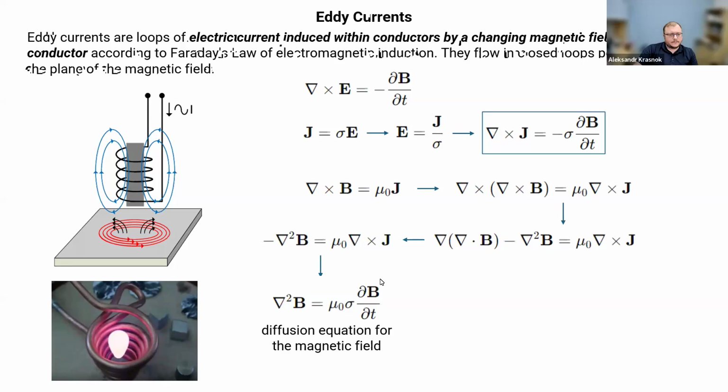And finally, substituting the curl of current from this first equation into this one leads us to this new equation, which is called the diffusion equation for the magnetic field.